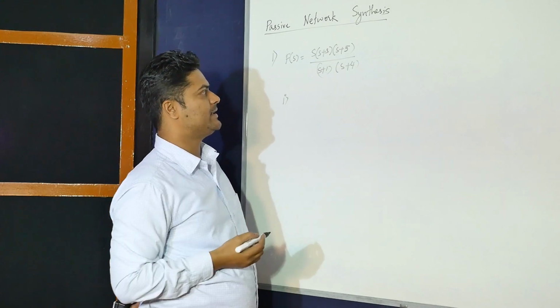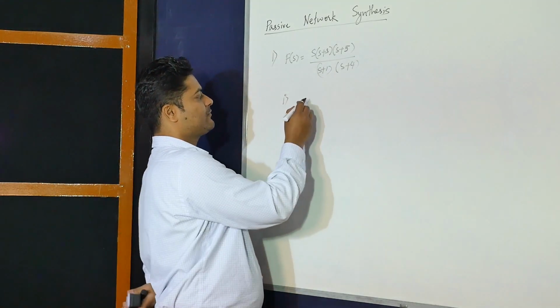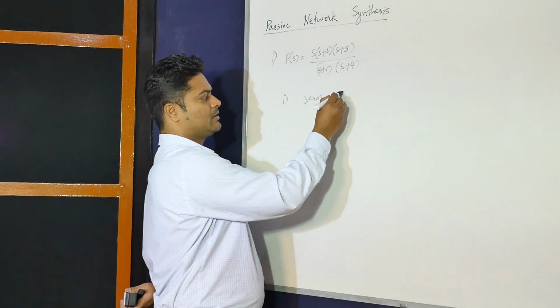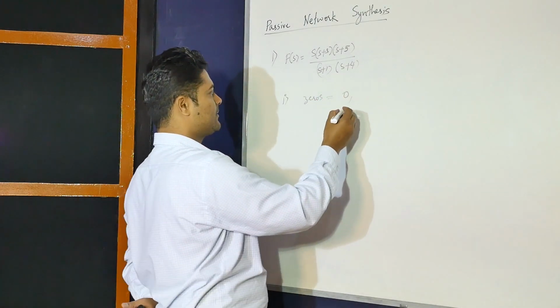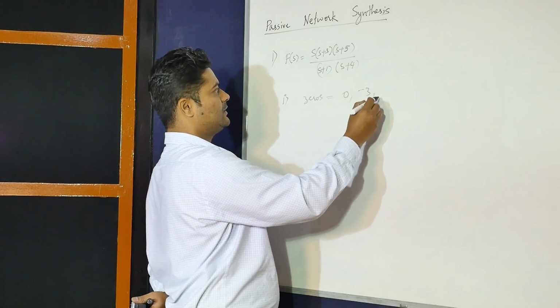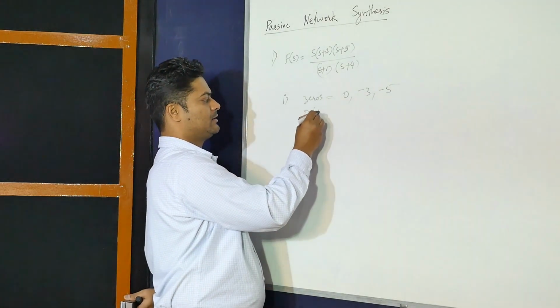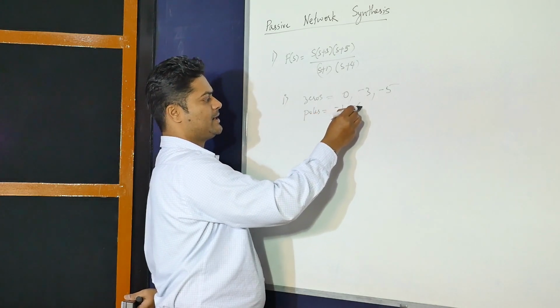From the given F of s, we will see where our zeros are. Zeros are at 0, minus 3, minus 5. The poles lie at minus 1 and minus 4.